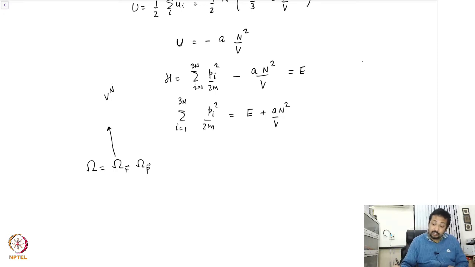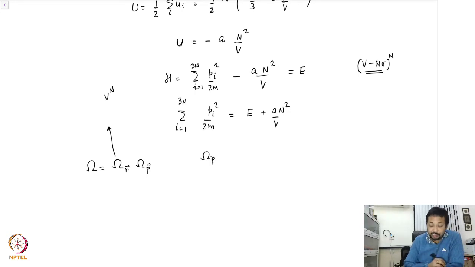So clearly, if sigma is the particle size, the volume that is accessible to each of them is this, raised to the power n, because this is the volume that is accessible to a single particle.